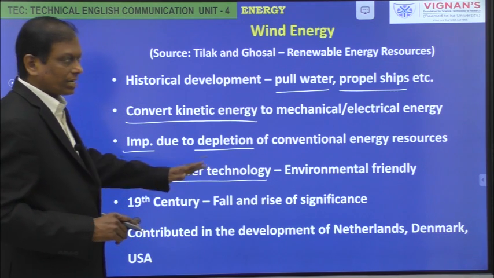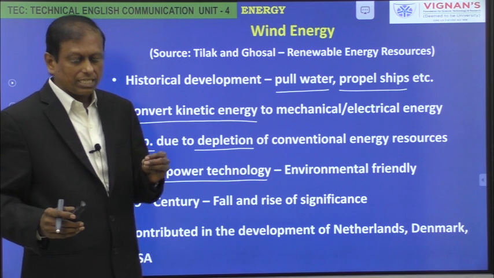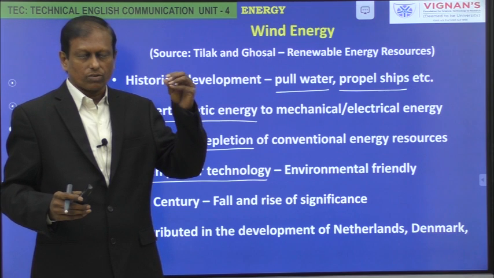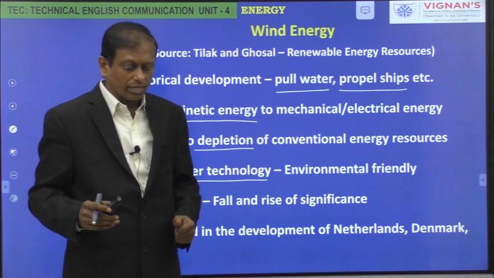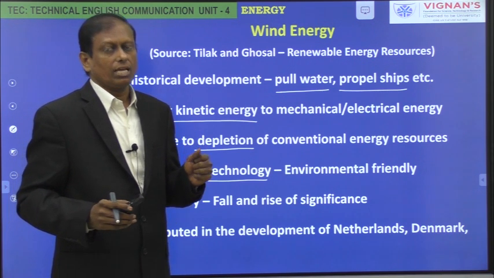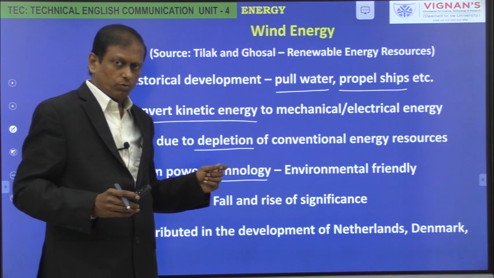Now, this fall and rise of wind energy. In 3500 BC the Egyptians have evidence that they used wind energy in their lives, and everywhere all over the world people have used it.